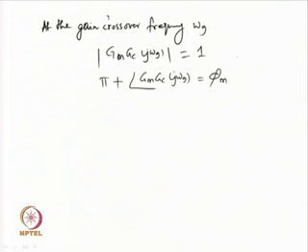Okay. So, these are the two conditions we know as far as the phase margin of the system is concerned.